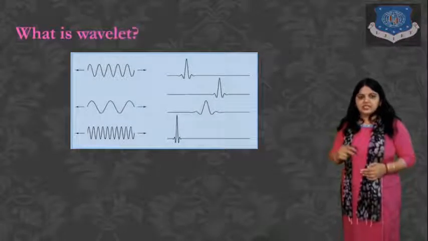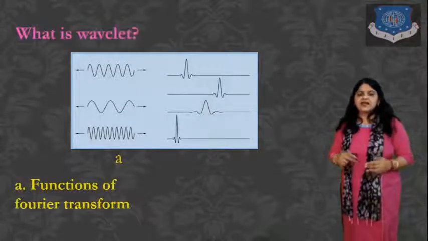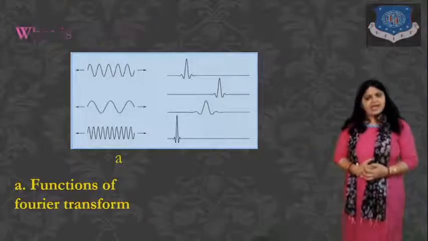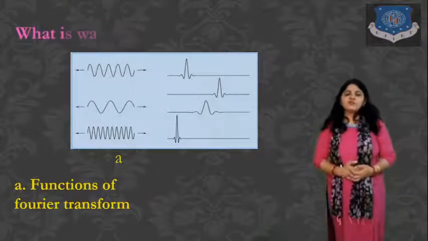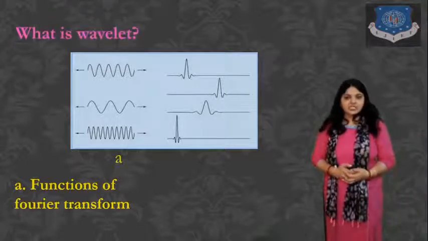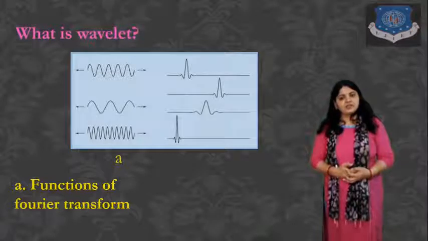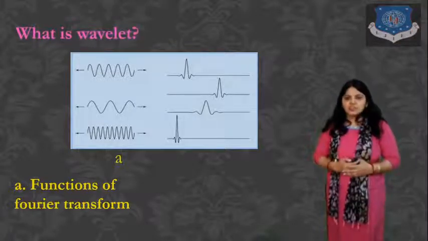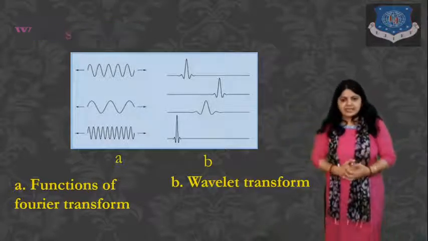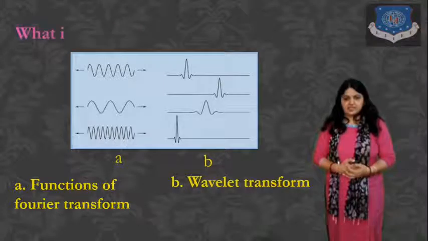Now in the diagram, you can see diagram A, which shows the functions of the Fourier transform. As we know, we use the Fourier transform for analyzing any signal, and it gives us the output in the frequency domain. Now this is the second diagram, the wavelet transform.